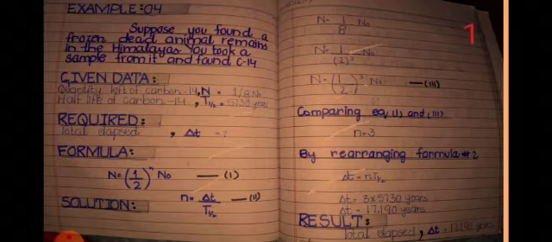So comparing equation number 1 and 3, we get small n is equal to 3. By rearranging the formula number 2, we will get delta T is equal to n T half. So after putting the values, we will get 17,190 years. This is the total elapsed time.